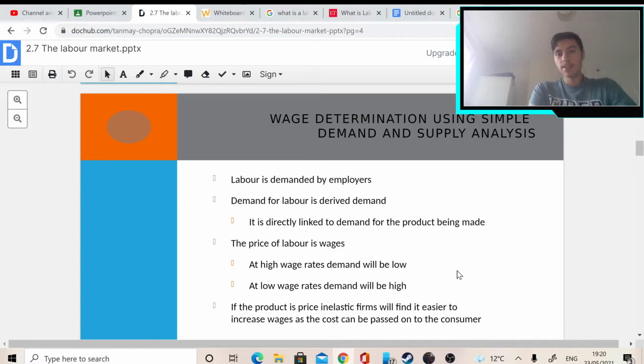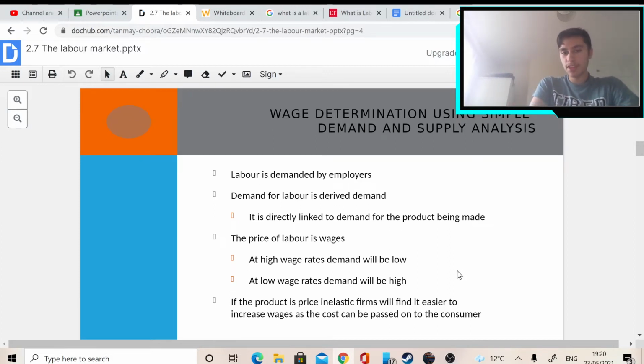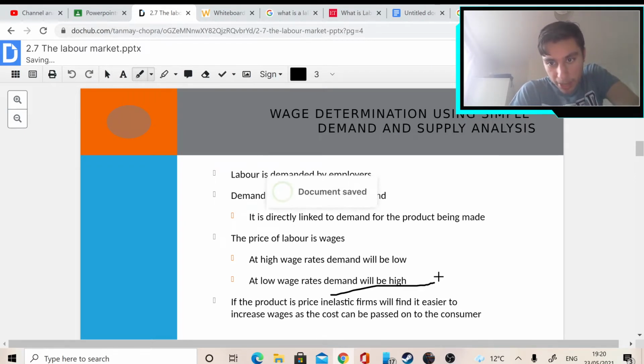Well, yeah, companies can afford to have more labor if they are paying them low wages, because that means their costs are lower. If the product is price inelastic, firms will find it easier to increase wages as the cost can be passed on to the consumer. So what they mean here is, we have a price inelastic product.